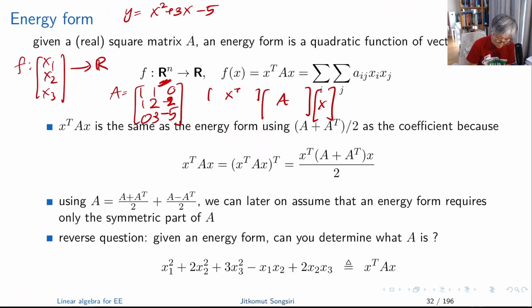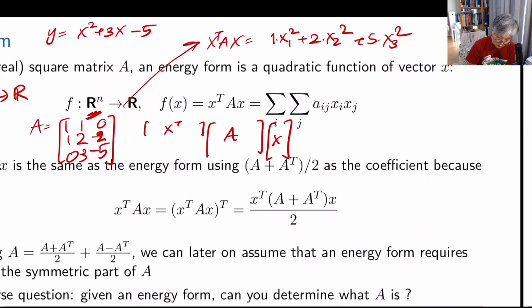For example, with this A at the end, if you just calculate it yourself, x transpose Ax would be 1 times x1 squared plus 2 times x2 squared. The terms on the diagonal would be the squares of xj, plus 5 times x3 squared. And what about the cross terms?